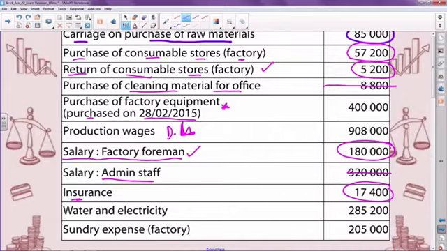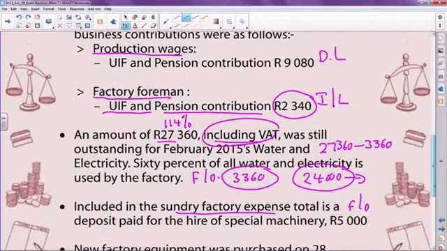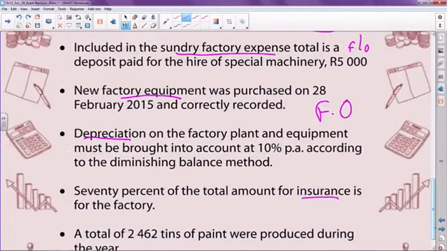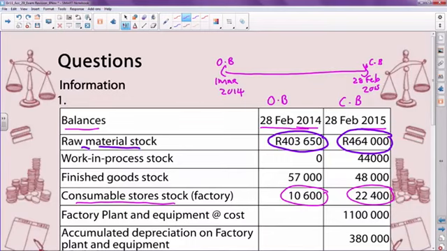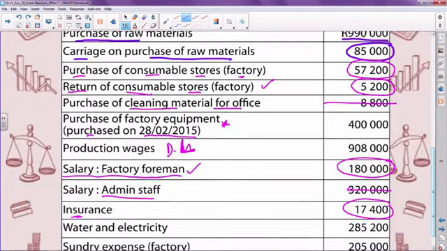Let's go to the next page. Okay, so in terms of insurance, okay, so there we go. 70% of the total amount of insurance is for the factory. Right, so the total that was given to us, okay, can't remember the amount, I think it was 17,400, okay.